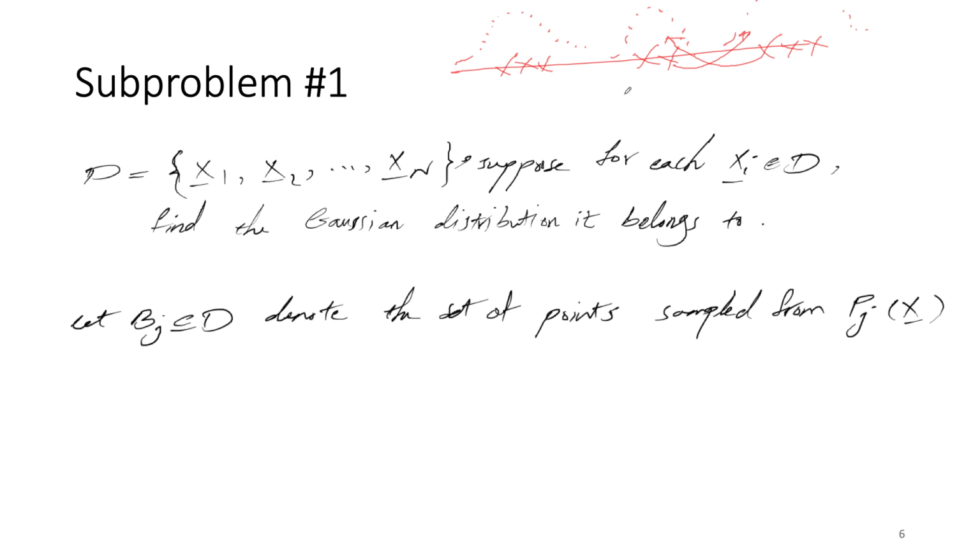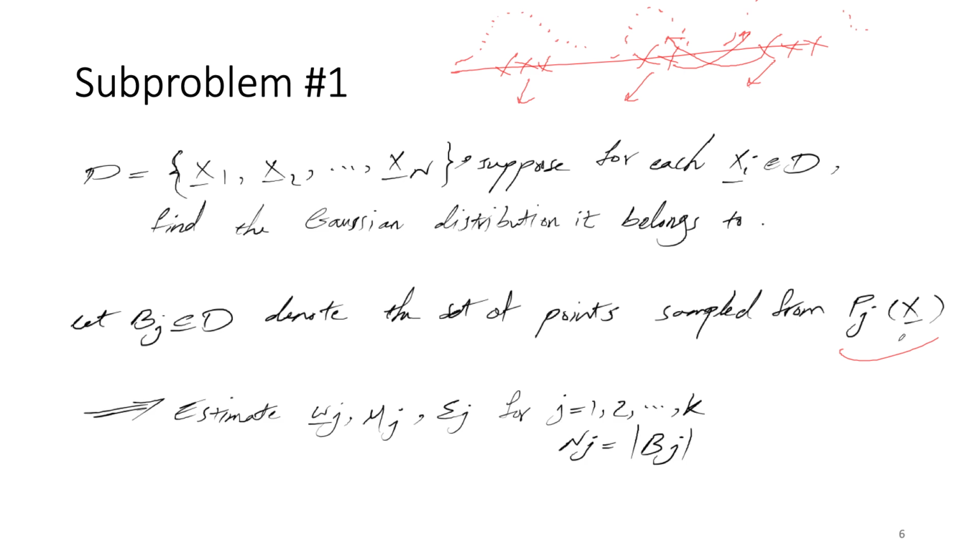So let Bj, a subset of D, denote the set of points sampled from Pj(x). We sample from each of them by this probability. We call them Bj.